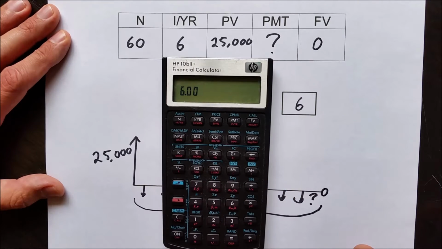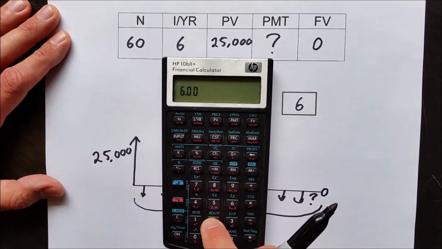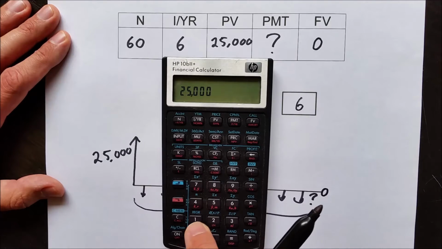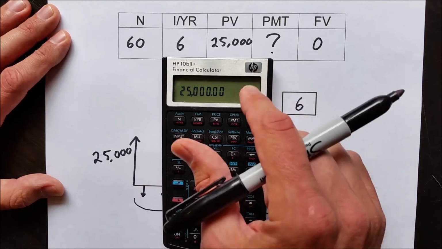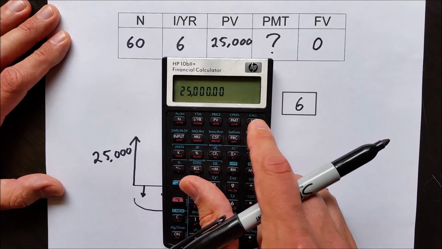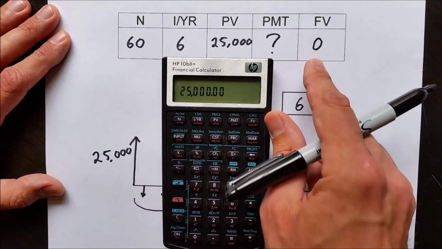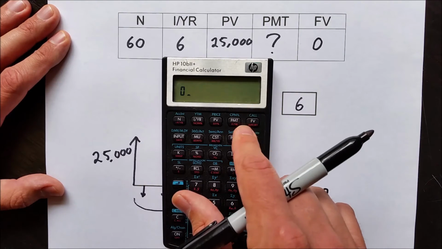There, now that's entered into the calculator. Present value is $25,000, remember. That's the size of the loan, so 25,000, present value. Payments, we don't know. That's what we're solving for, so we're going to skip that. Future value we know is 0, because the loan will be paid off at the end of 60 months, so we put 0, future value.